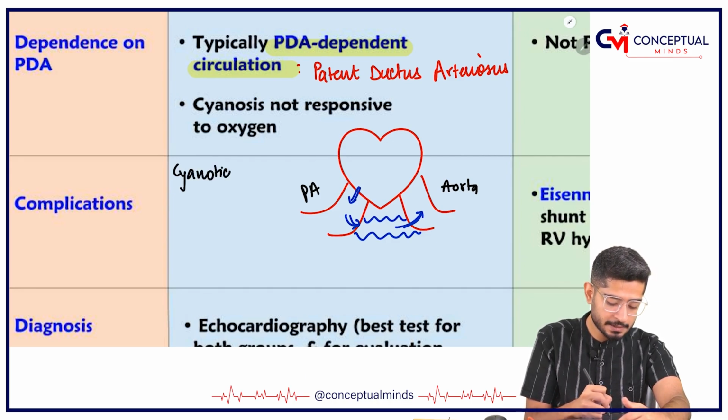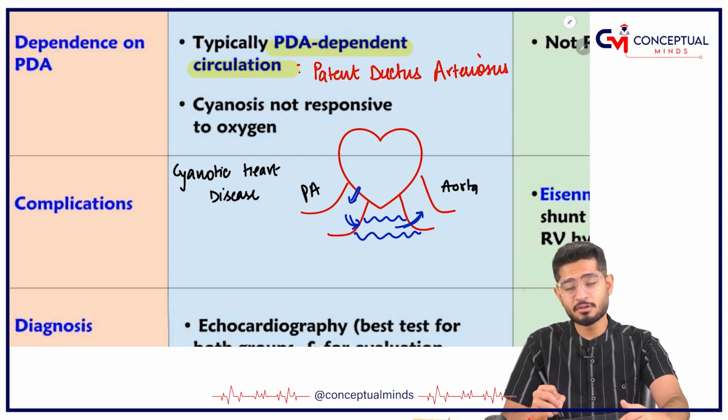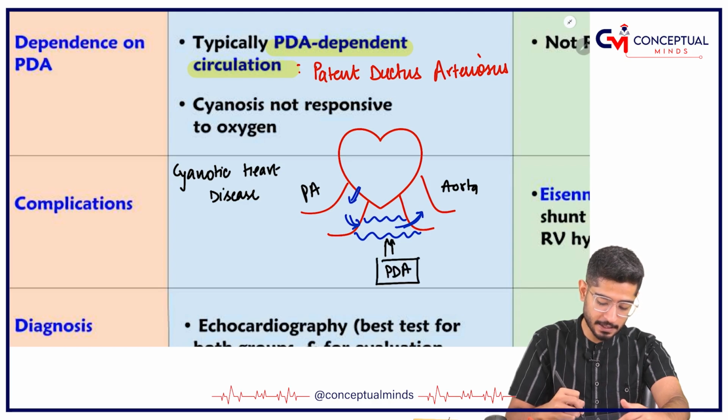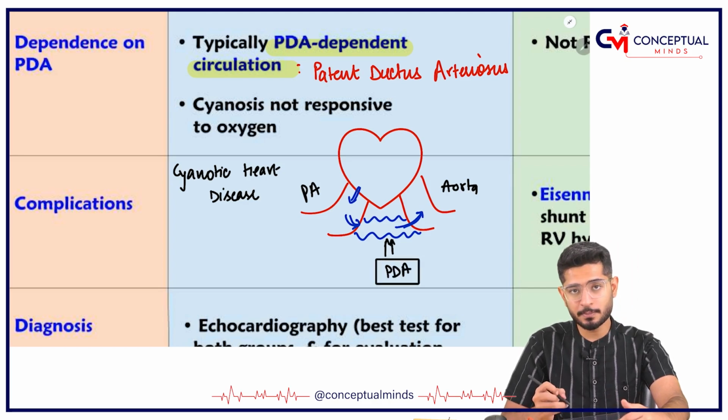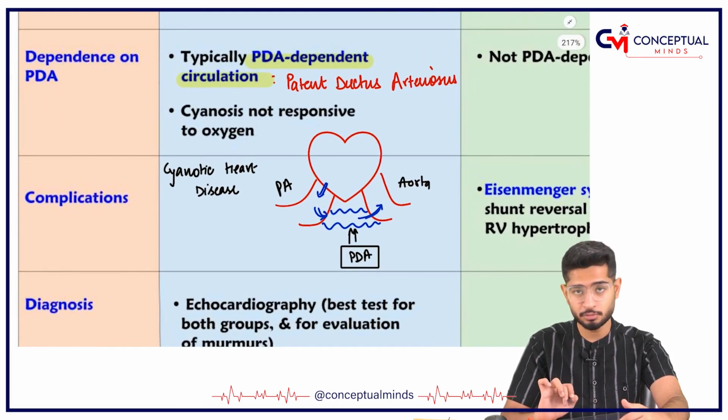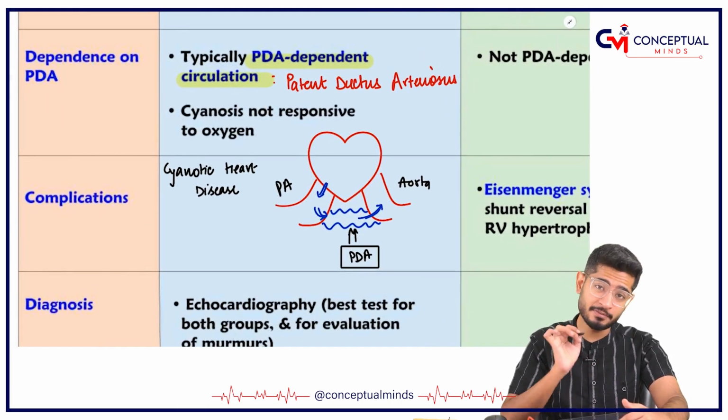In cyanotic heart disease, I have told you that the blood supply is not going to the lungs. Now, for example, if the ductus arteriosus is patent, most of the blood goes from the pulmonary artery to the aorta in fetal life.